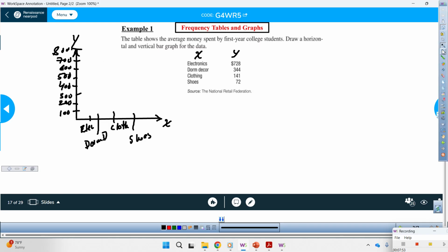So, electronics, how much was spent? 728. 728 is somewhere over here. Dorm decor, 344, that's between 300 and 400, so about right here.